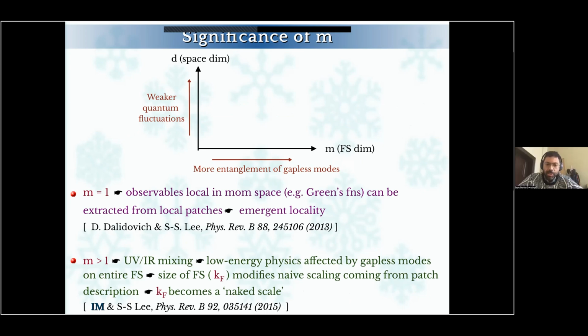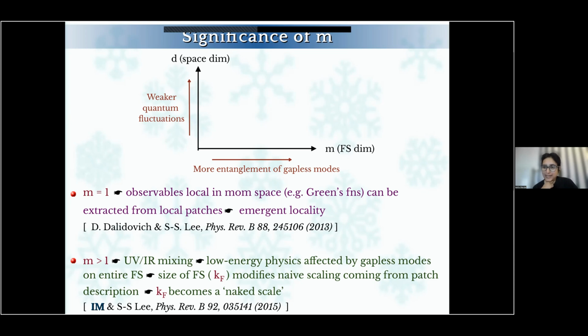Okay, you're assuming locality. So the entanglement I'm talking about is in the momentum space. Yes, okay, but then that's the point. So you're assuming that there is locality in real space. Yeah. But then you are mentioning that UV-IR mixing. So how can you understand that in quantum theory terms? That's exactly what I am trying to explain to you. In condensed matter theory, kf is the highest scale and kf is taken to infinity.